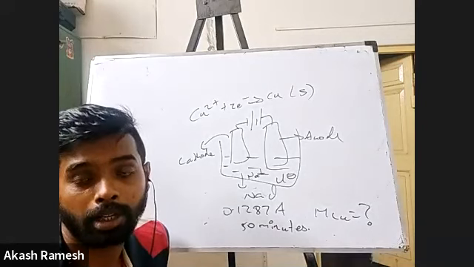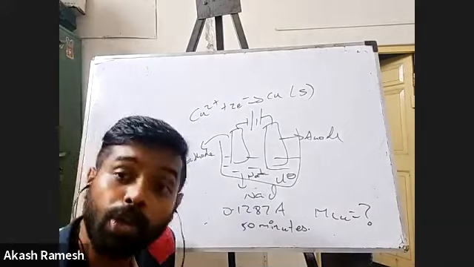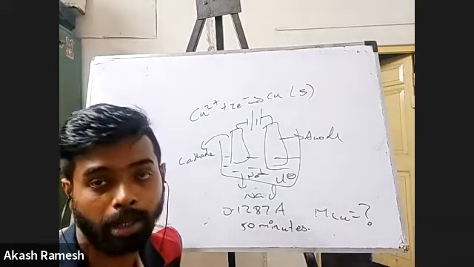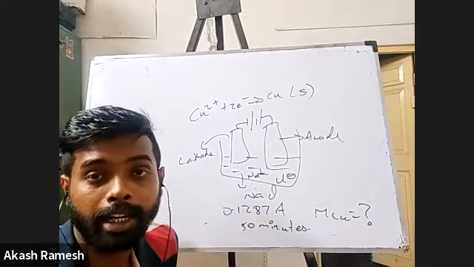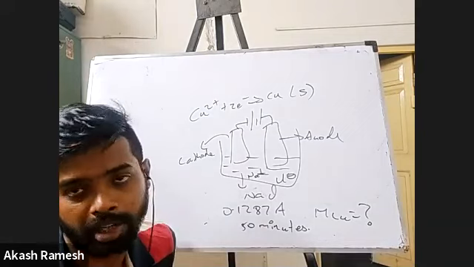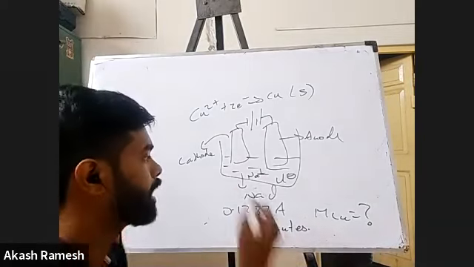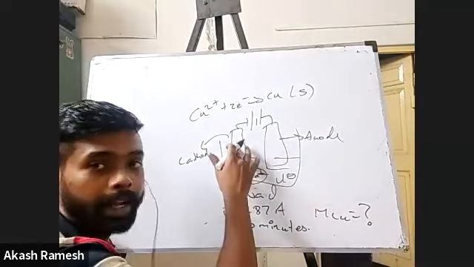The charged ions are going to move towards their oppositely charged electrodes. That means a positive ion will move towards the negative electrode, and a negative ion will move towards the positive electrode. Very simple, opposite charges attract. So Na+ will move towards the cathode because that is negatively charged.